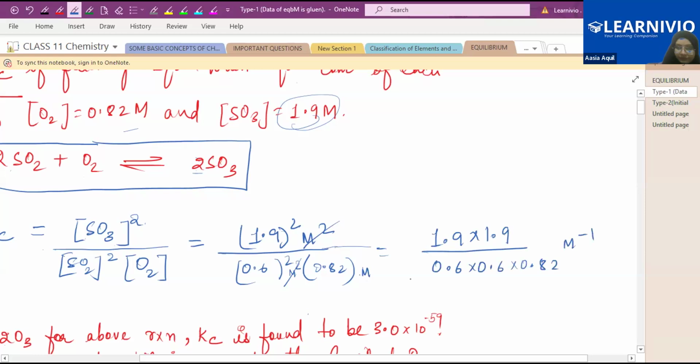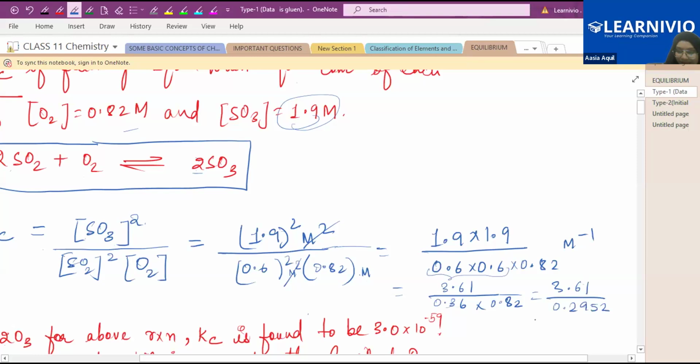Just multiply it. 1.9 times 1.9 will become 3.61. In the denominator, when you multiply 0.6 and 0.6, it is 0.36. So 0.36 multiplied by 0.82 will become 0.2952.